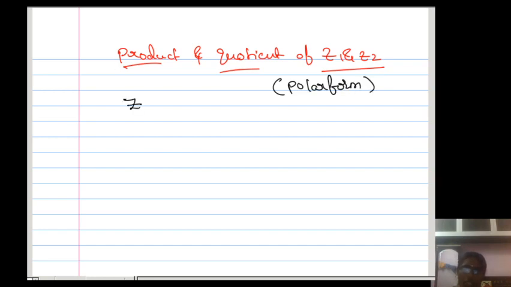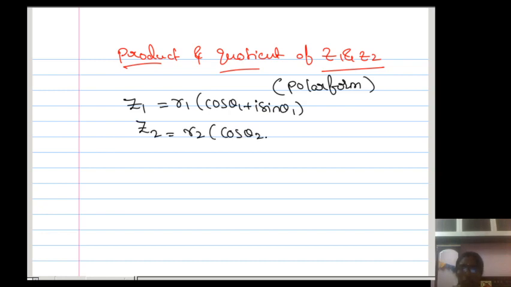What is the z1 notation in polar form? r1 into cos theta1 plus i sin theta1. What is z2? r2 into cos theta2 plus i sin theta2. This is z1 and z2 represented in polar form.